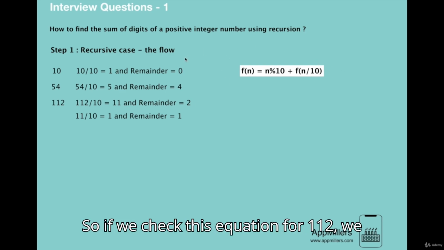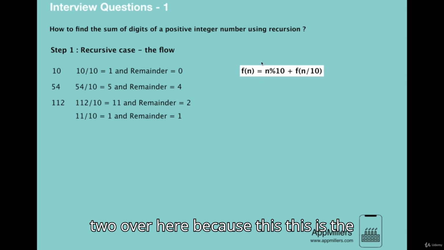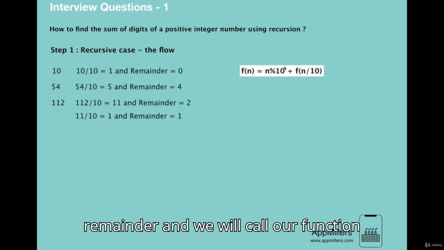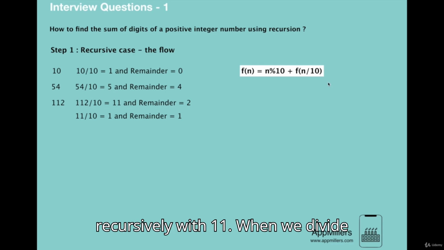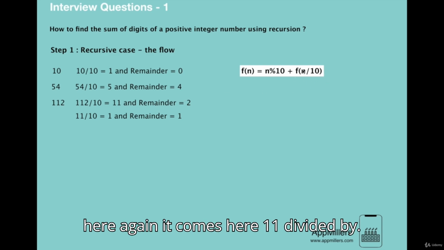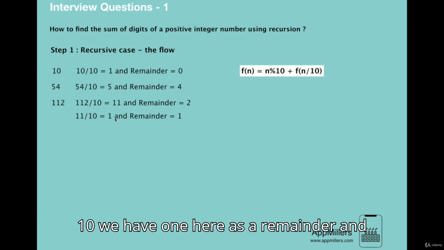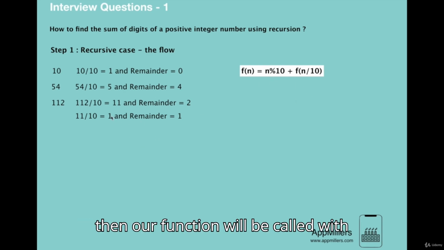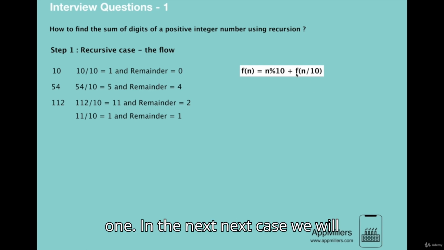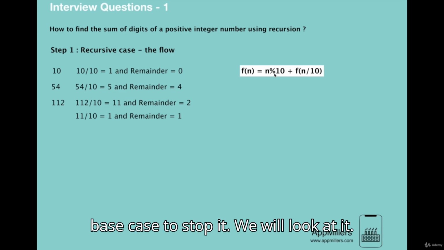If we check this equation for 112, we have 2 here because this is the remainder, and we will call our function recursively with 11, since 112 divided by 10 gives 11. Again, 11 divided by 10, we have 1 as a remainder, and then our function will be called with 1. In the next case, we will have a remainder of 1 and a quotient of 0, so we will have a base case to stop it. We will look at it.